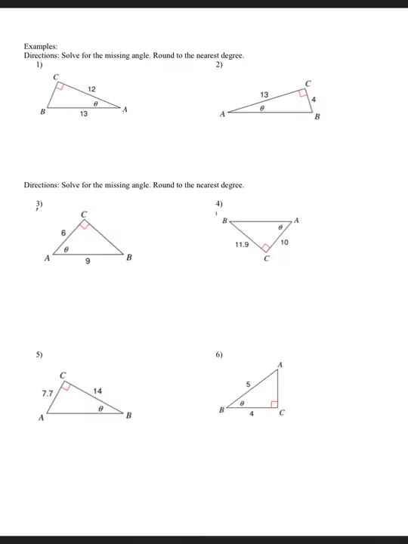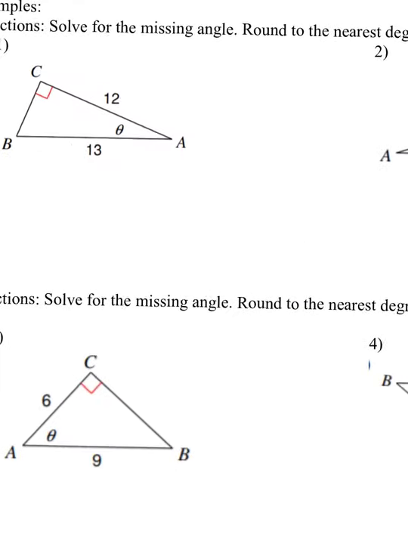Okay, so now the first example. Just like we did, you always want to label everything. So this is my angle, this is my opposite, this is my hypotenuse, and this is my adjacent. So I have an A and I have an H. So cosine of theta is equal to A over H. Now to find the degree, you hit the second key.